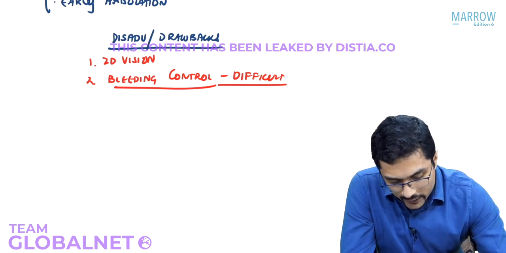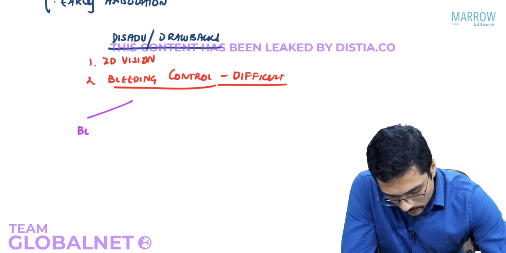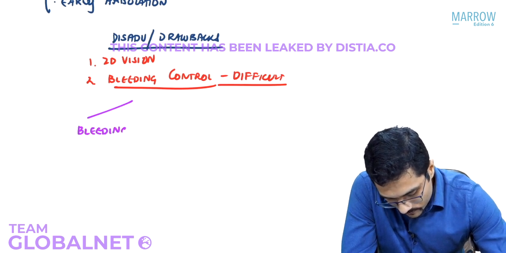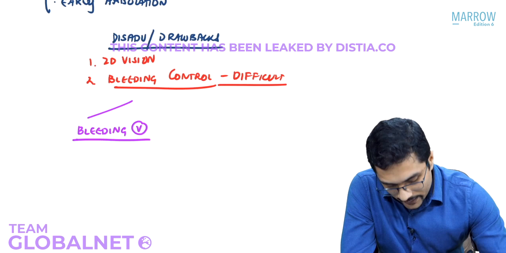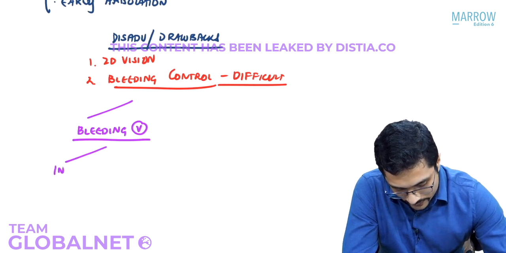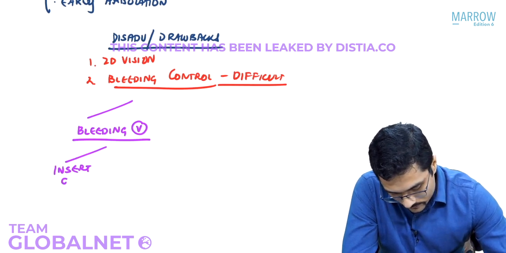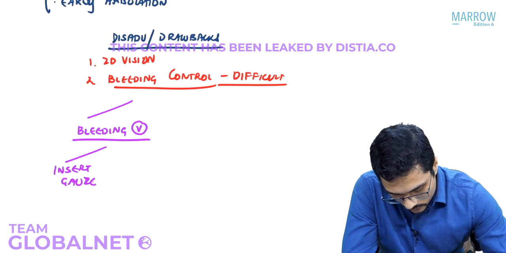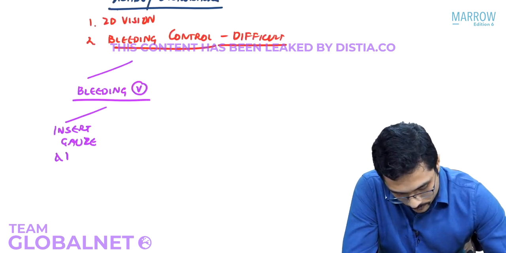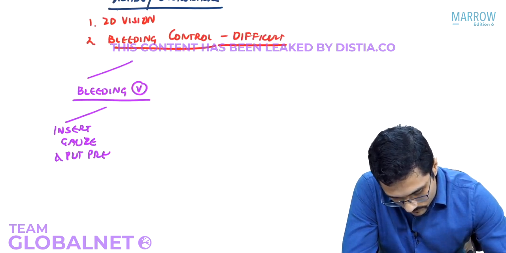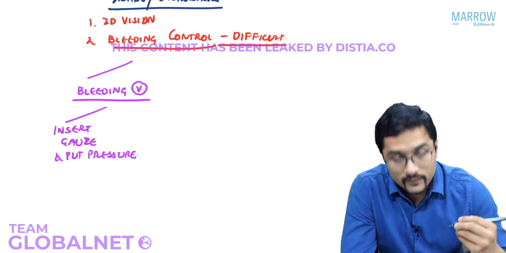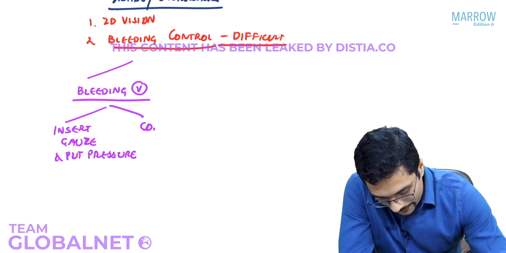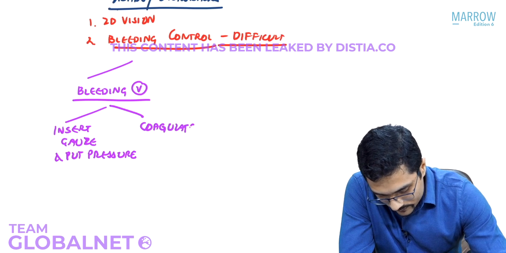So how do we manage a bleeding vessel in laparoscopic surgery? We can insert a gauze through the port and put pressure. We can of course coagulate the vessel if we can see it.